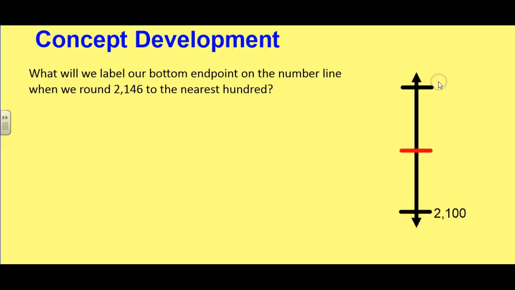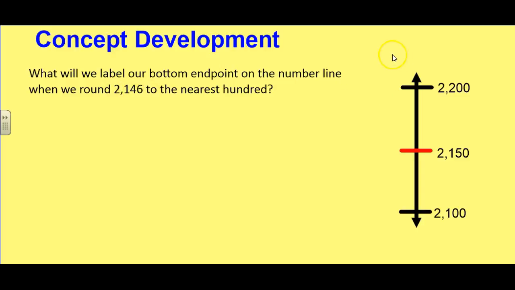One more hundred than 2,100 is going to be 2,200. And then our middle number, so asking ourselves what is halfway between 100 and 200, that would be 150. So our middle number is 2,150.